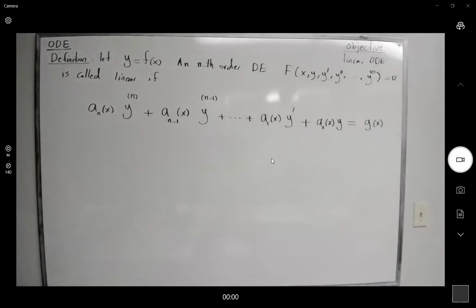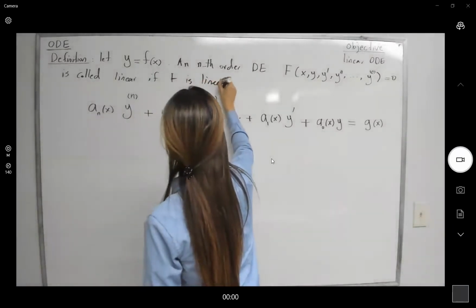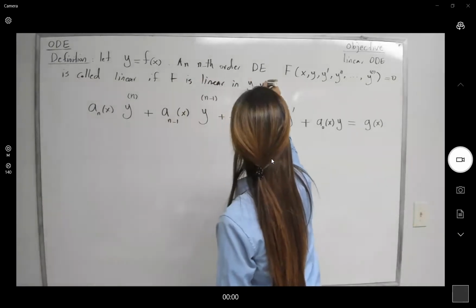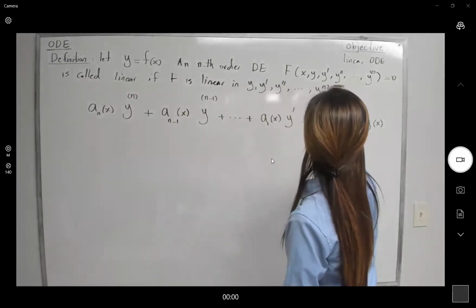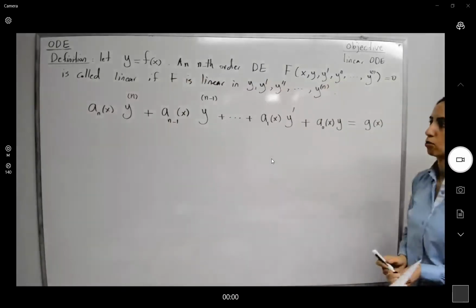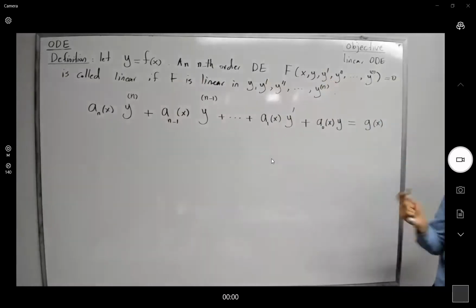So you can say that f is linear in y, y prime, the second derivative, and the nth derivative of y. Or in other words, you can represent this relation this way.